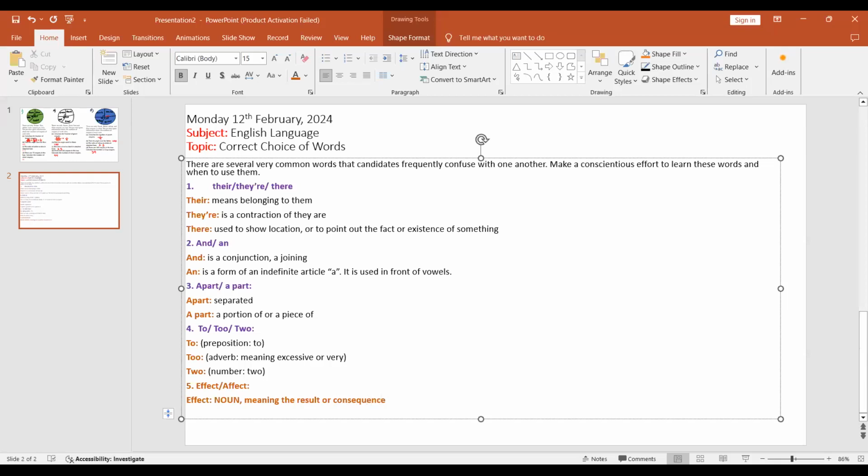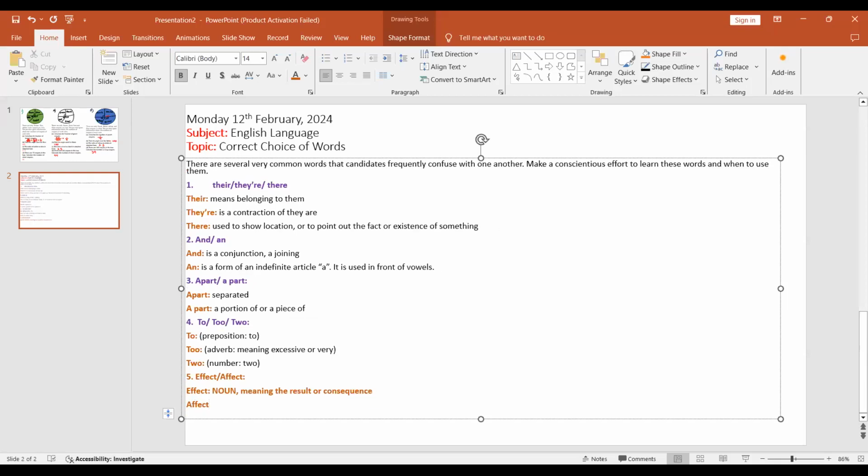All right, it's a noun. Affect is a what? Anyone help me? Verb. It's a verb. Very good. And a verb is an action word, so it could mean that something produces an effect on.